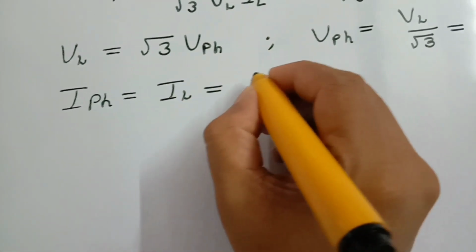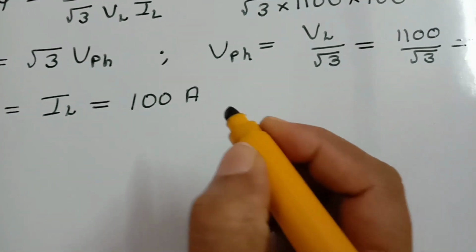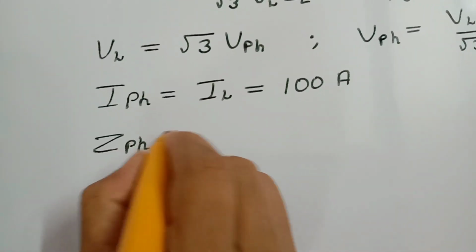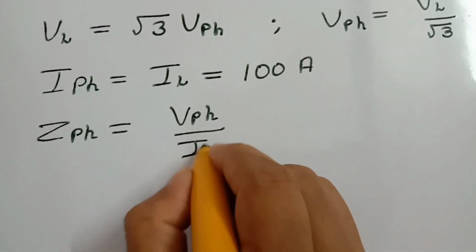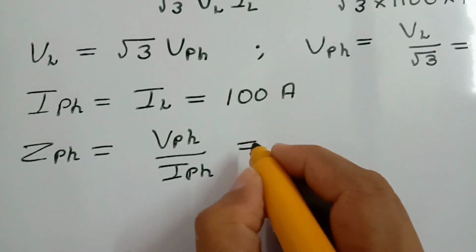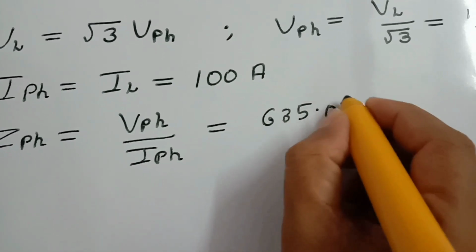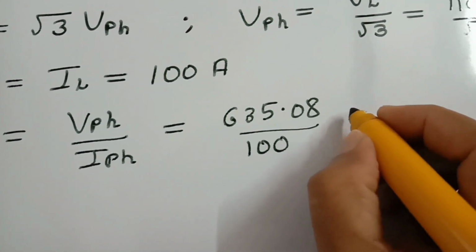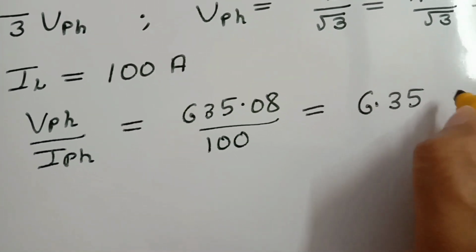Now in the problem, the current is given as 100 amps. So IPH is equal to 100 amps. Now directly we can find out ZPH is equal to VPH divided by IPH, which is equal to 635.08 divided by IPH 100, which is equal to 6.35 ohm.